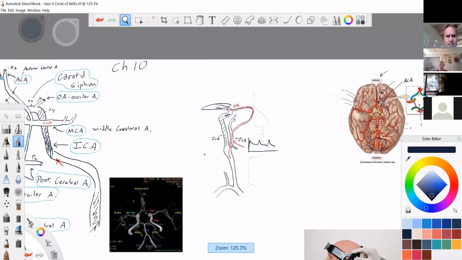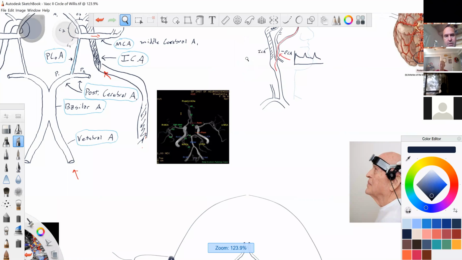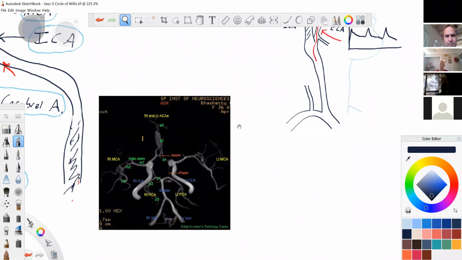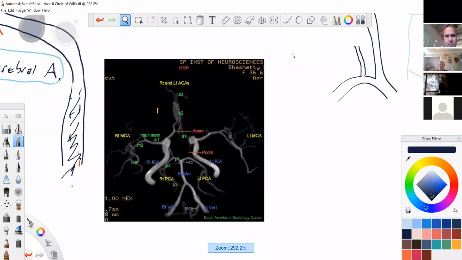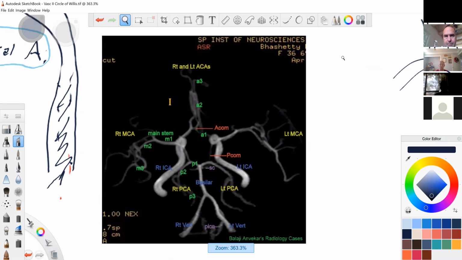So exam. Okay, let's look. I want to look at this angiogram here. This is actually pretty cool.